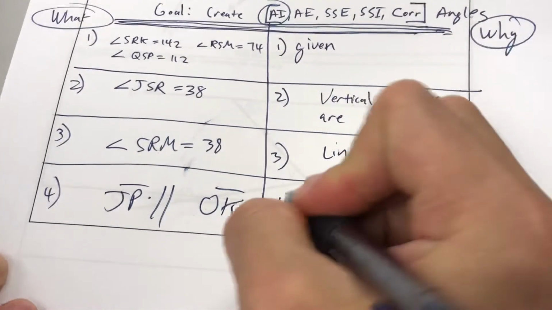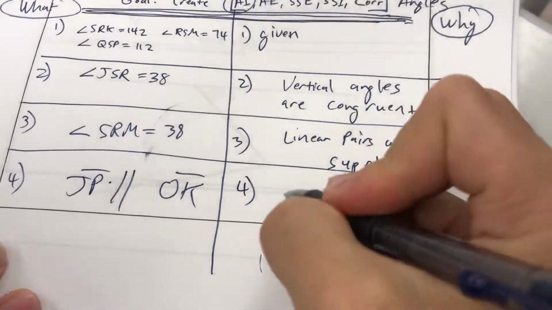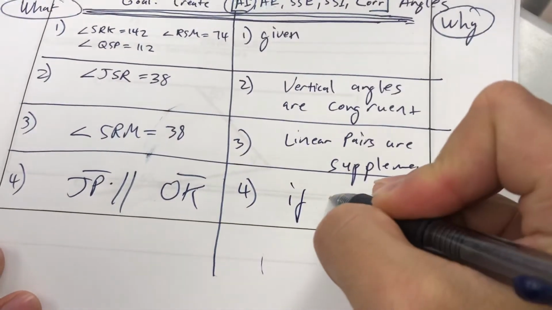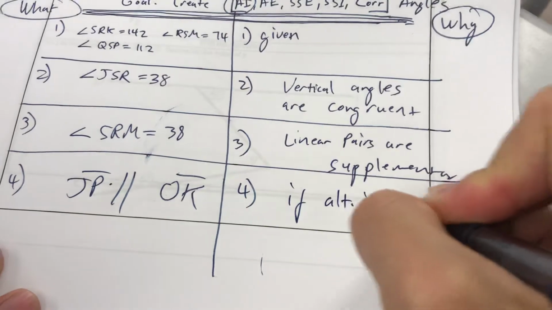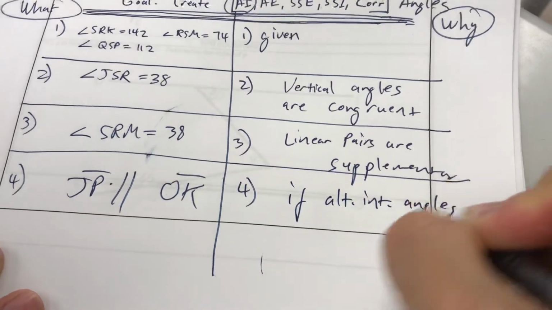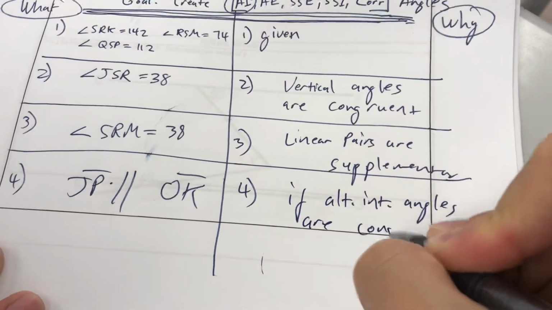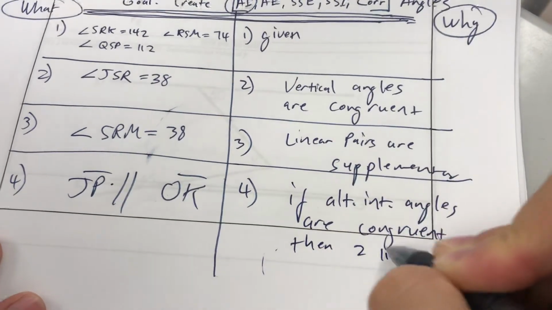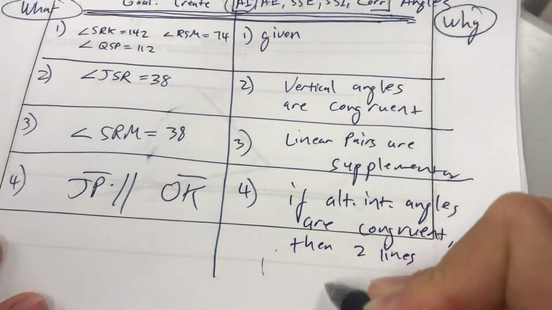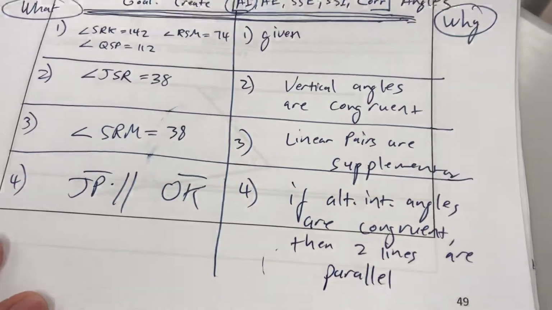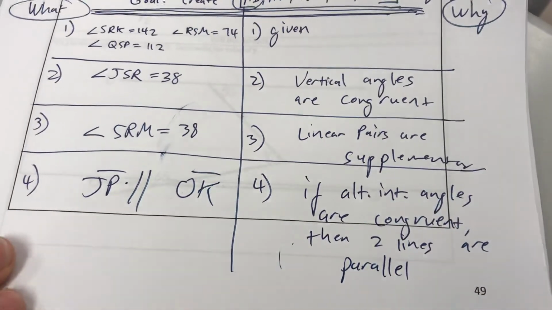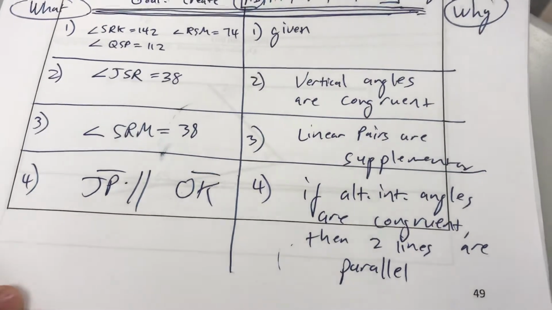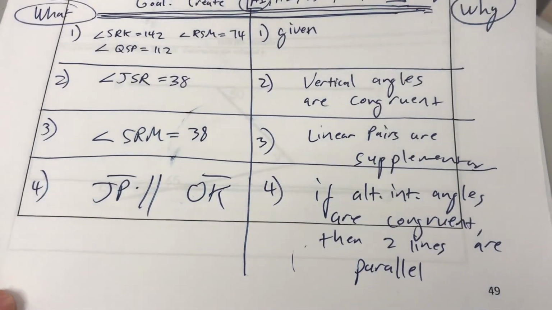Because of step 4: if alternate interior angles are congruent, then 2 lines are parallel. That's it. That's the hard work. The biggest thing that I want you guys to focus on is that idea, okay?